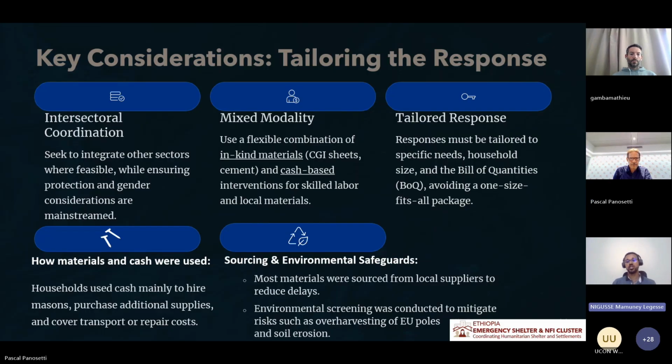So the key consideration while we introduce the neighborhood approach is that it should be community and area-based, meaning the community, from the IDPs as well as from the host, should be able to participate in every stage of the project to ensure sustainability of the activities once the implementation is complete.